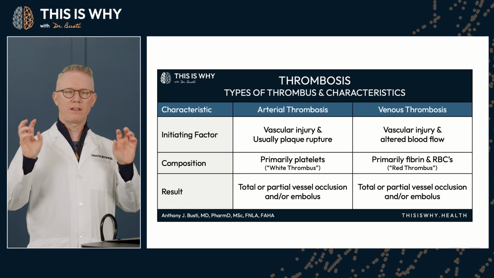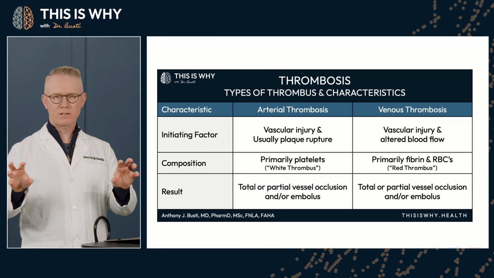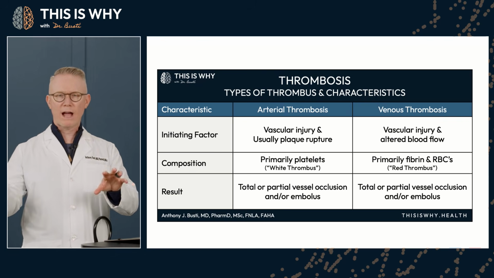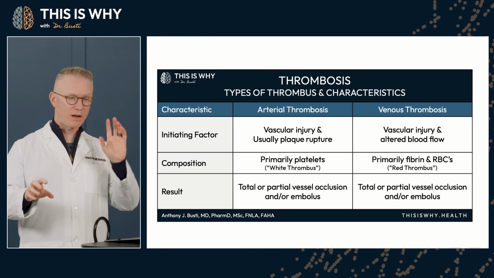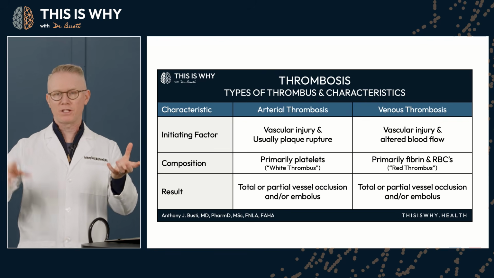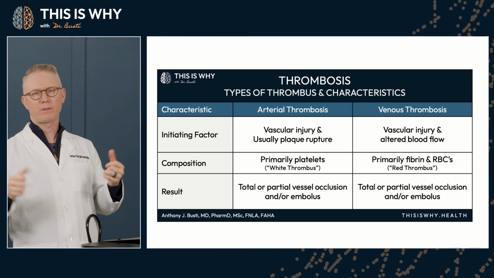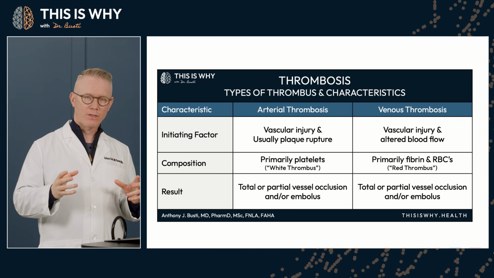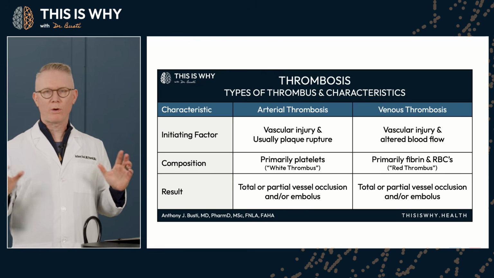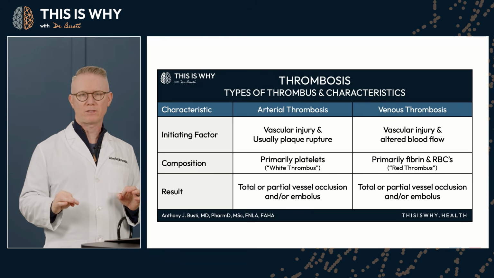So understanding the composition of the thrombus, where it's formed, why it was formed, what it's made up of, not only helps understanding the pathophysiology, but it explains why the interventions are what they are. Now, at the end of the day, the result is still total or partial occlusion of that vessel.